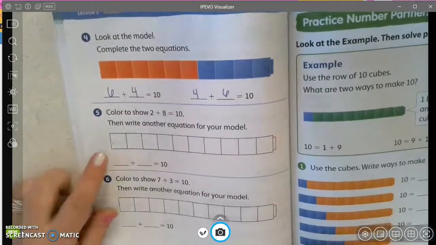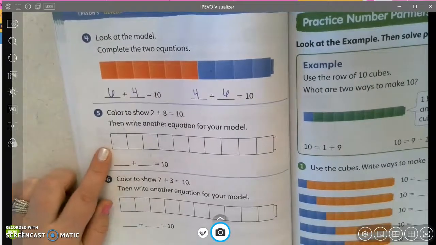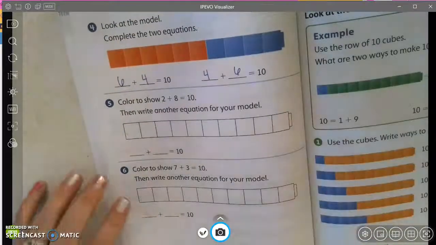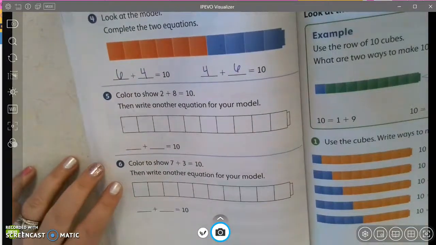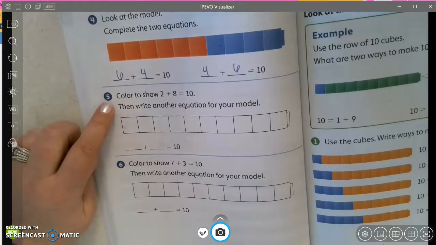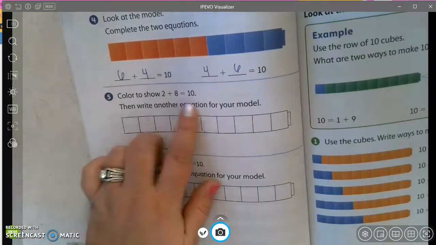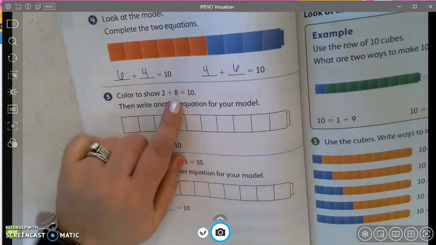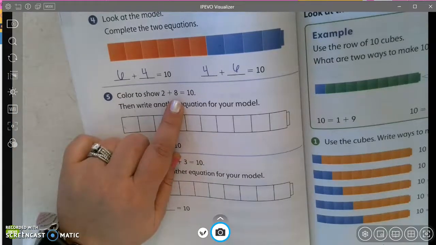All right. For these ones, I do want to do the first one with you because I find that some friends are like, well, I don't know what to do when it says just pick another one. So color to show 2 plus 8. Okay. I honestly don't want to color 8 squares.